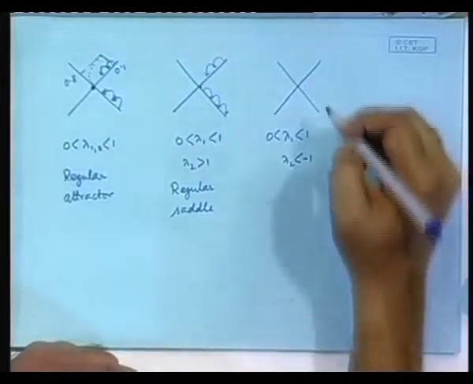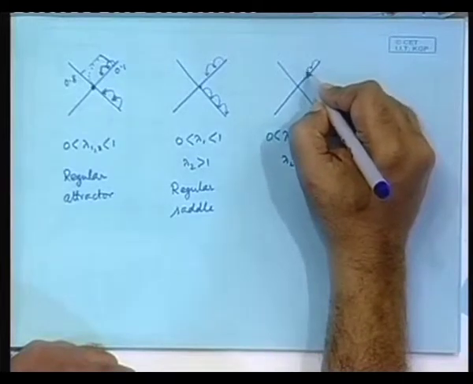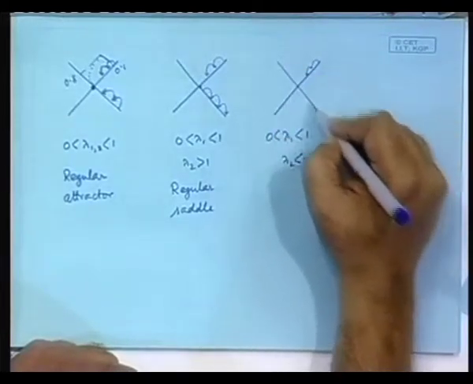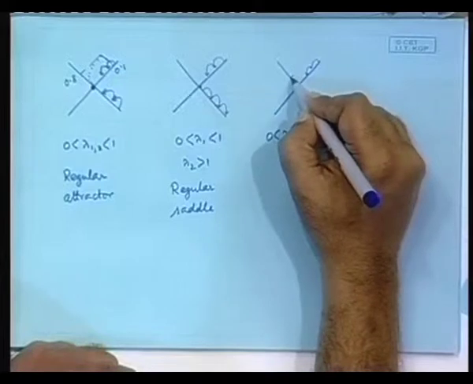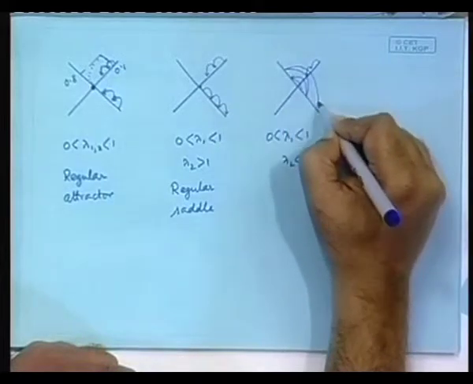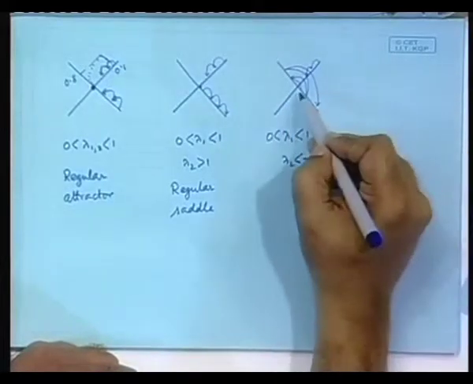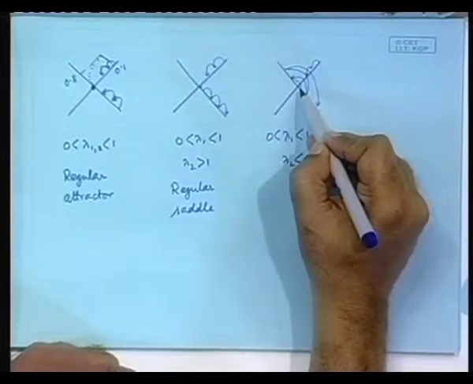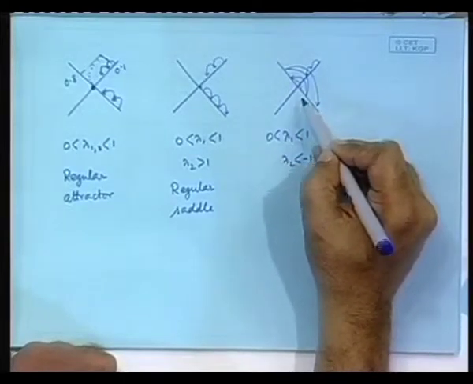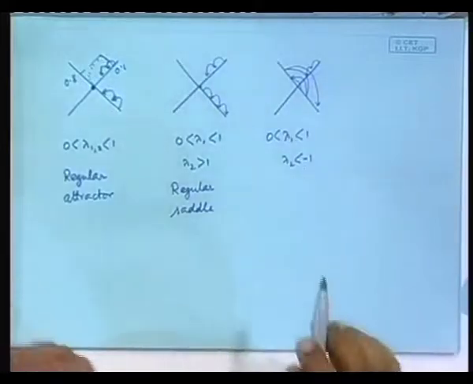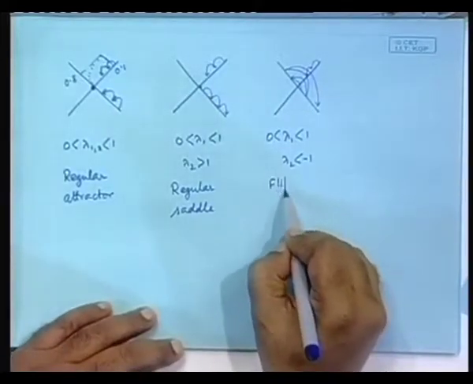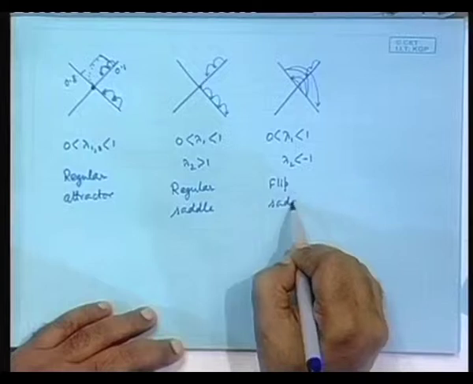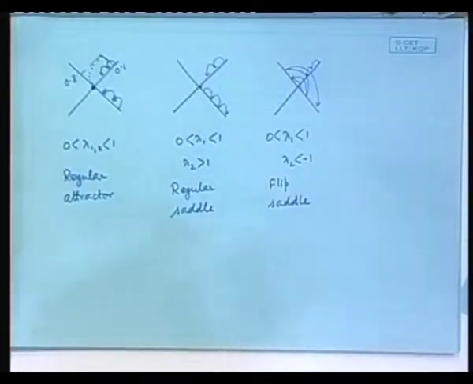So, how will the behavior be? If this is the regular direction and if this is the flip direction, the behavior would be like this. Okay. It will actually go from one side to the other and therefore, it will be flipping. This is a flip saddle. This is what we have done.